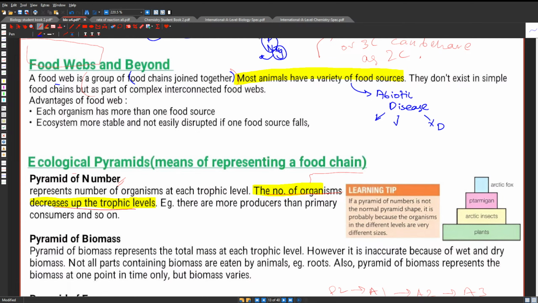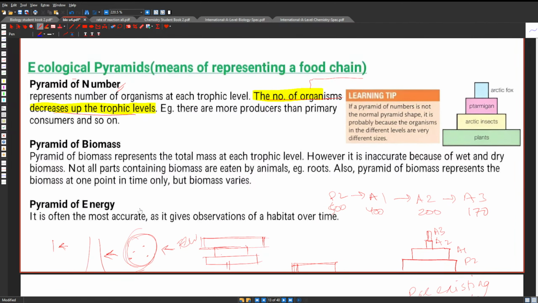If we remove the secondary consumer, what happens? They're going to be eaten by a different secondary consumer, right? So that's essentially why it's a lot harder to do this when you're taking food web into consideration rather than food chain into consideration.